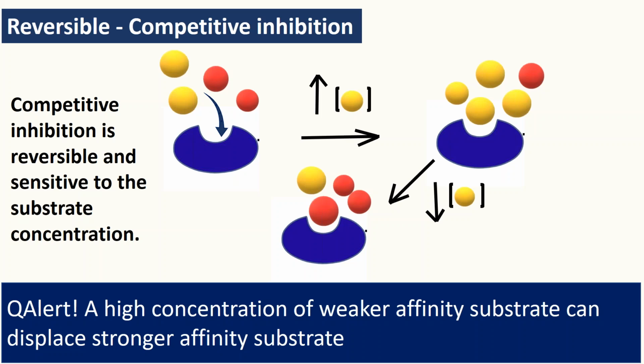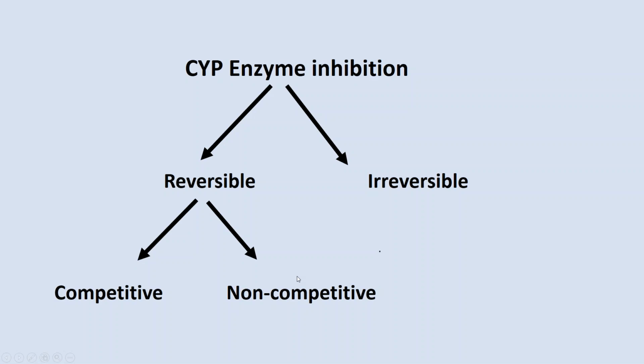If you increase the concentration of one drug compared to the other, that means you have a higher dose or higher concentration in the blood circulation during that period. Eventually, the drug with the lower concentration will not bind and will remain high, resulting in drug interaction.